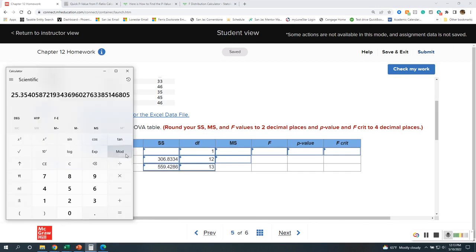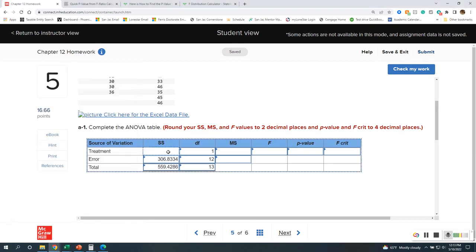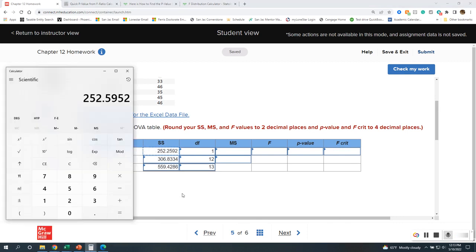So calculate. Calculator. 559.4286 minus 306.8334. 252.5952. Oh, I totally butchered that. 252.5952.